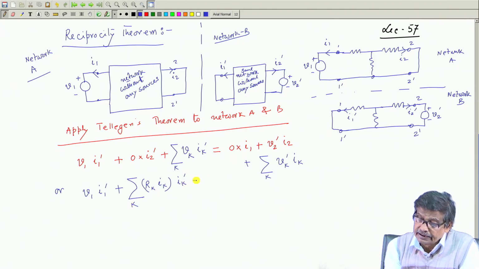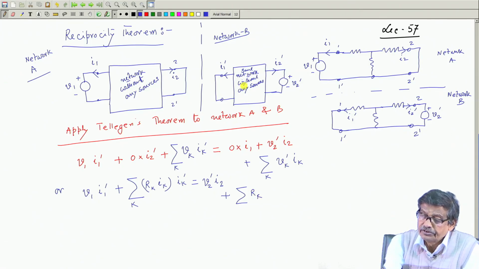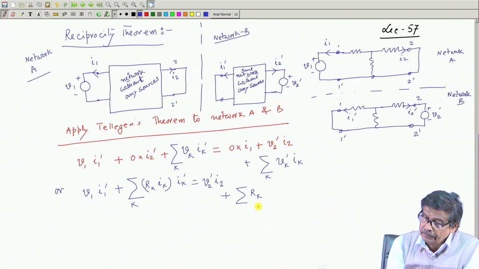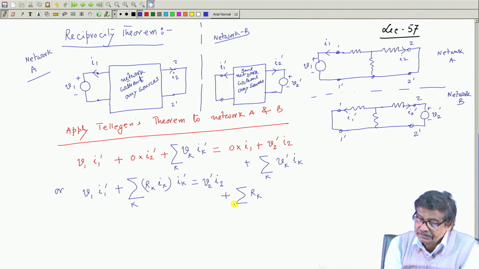and on the right hand side you will get this is 0 plus V 2 dashed into I 2 plus this term, this will be V k dashed, which will be equal to, because this network has not changed, exactly same as this with same parameters. So, parameters, elements have changed only in these 2 branches, you got the point.